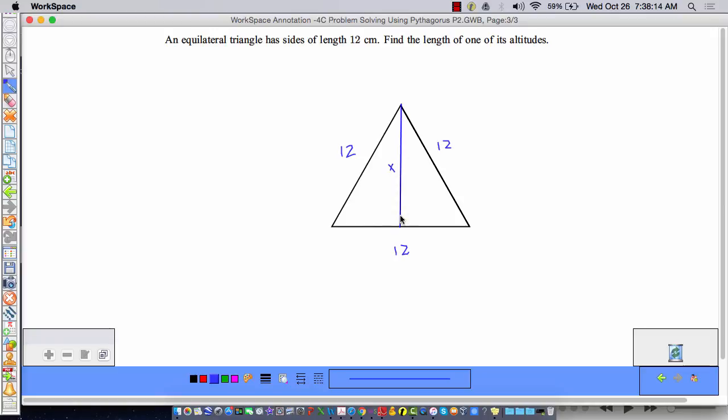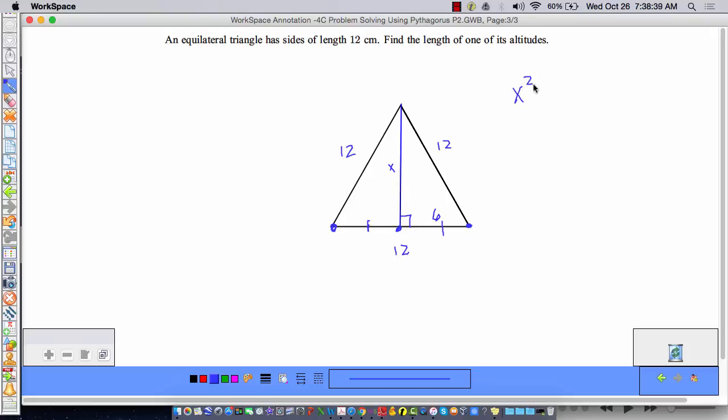The altitude of an equilateral triangle also bisects the opposite side, which makes this length 6. So I have a nice right triangle.